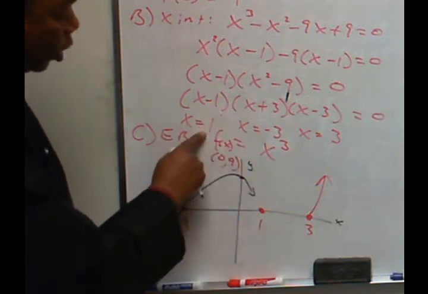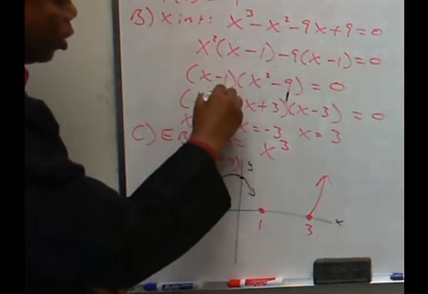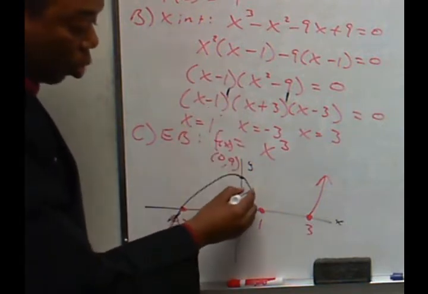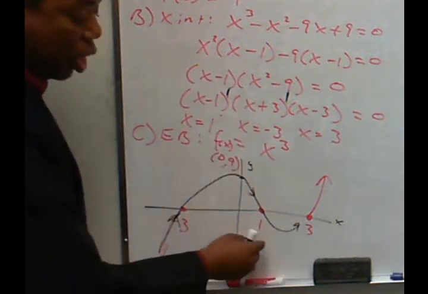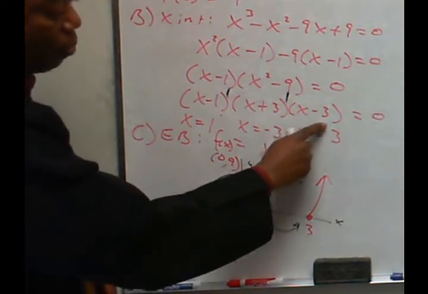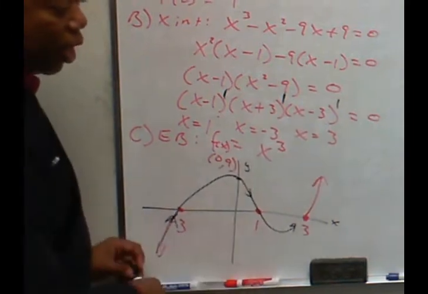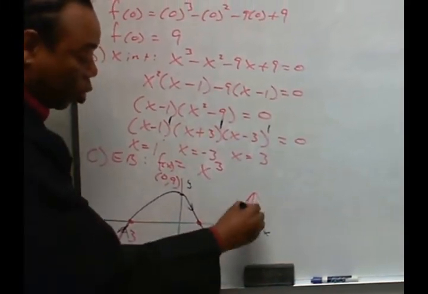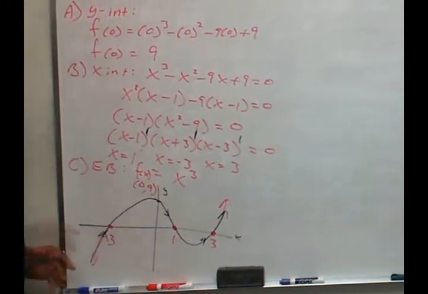And 1 came from here, and the exponent there was 1, so that's multiplicity 1, which means we'll go straight through. Then we head to the last intercept, which is 3. 3 here came from a factor that had an exponent of 1. That means the multiplicity is 1. That means we go straight through. And this is the graph.